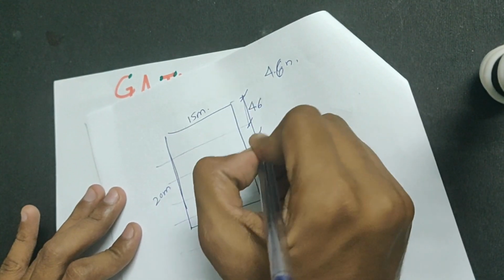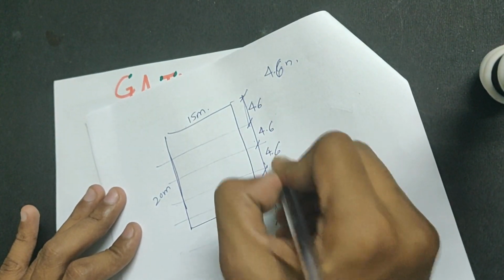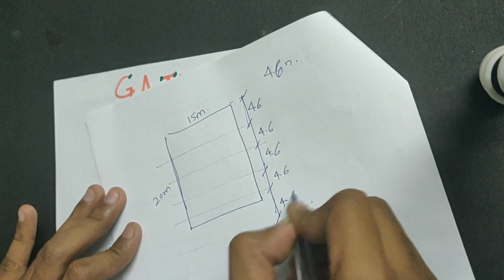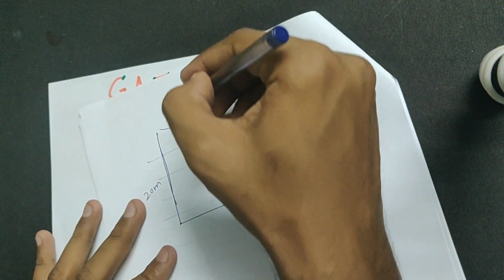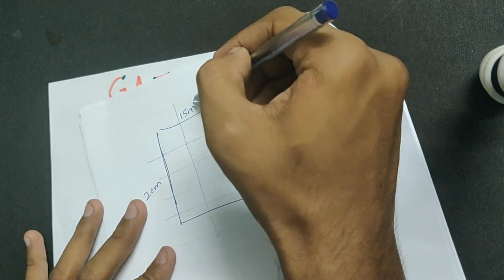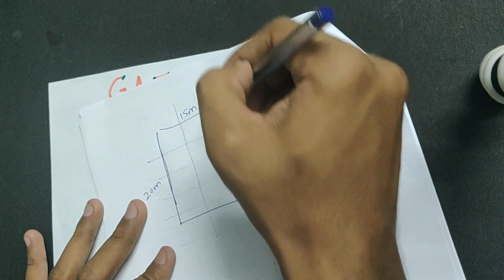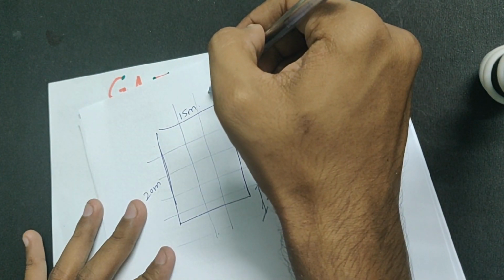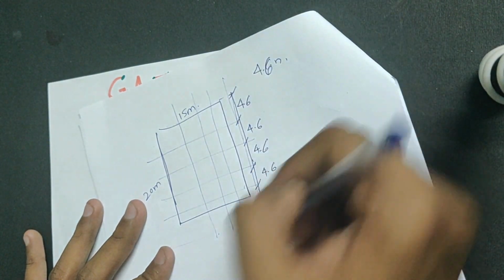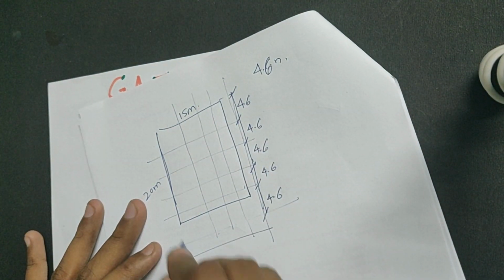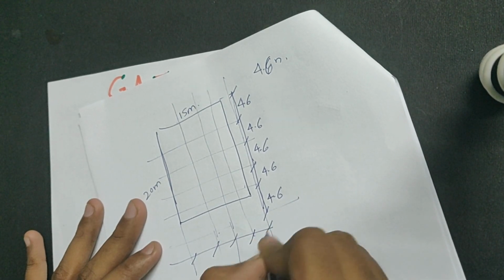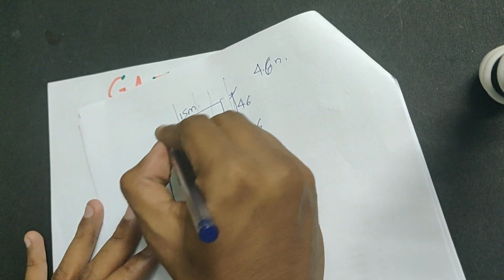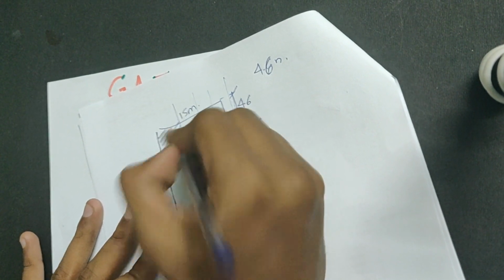Everything is 4.6 meters, 4.6 meters, 4.6 meters and 4.6. So this is the extra left with the 4.6, and then vertically of 4.6 grid, 1, 2, 3 and 4. So this is basically a 4.6 by 4.6 grid.